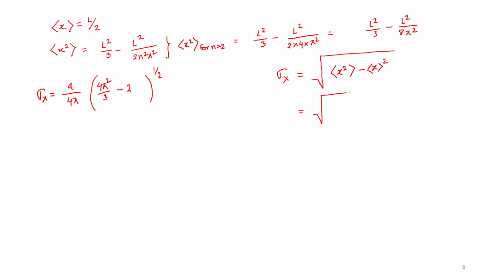So root over, right now it will be x square, right? Because then square of this: L square by 3 minus L square by 8 pi square, minus L square by 4, right?